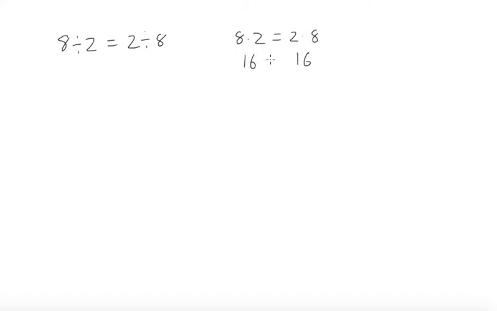So the commutative property does work with multiplication. But does it work with division? Well, 8 divided by 2 is 4, and 2 divided by 8 is 1/4. So no, those do not equal. The commutative property does not work with division. We're going to stop here and take a break, and we'll continue with part 4 later on.